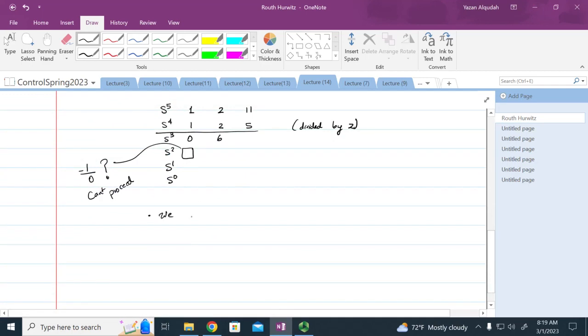Apparently, we cannot proceed since we will be dividing by a 0. However, we might want to proceed to know the number of roots that are in the right half plane.